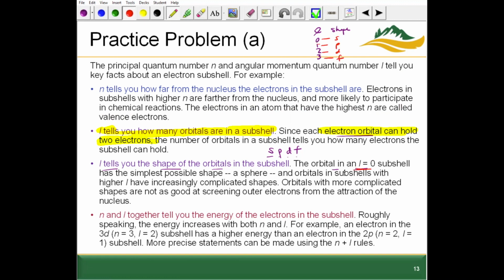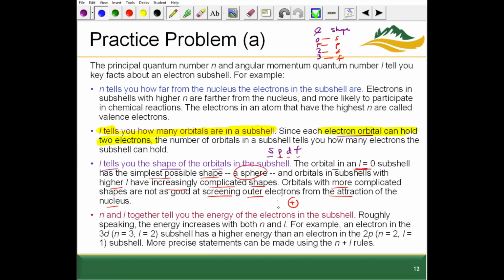The orbital in an l equals 0 subshell has the simplest possible shape, a sphere. And orbitals in subshells with a higher l have increasingly complicated shapes, like we saw for p, d, and f. Orbitals with more complicated shapes are not as good at screening outer electrons from the attraction of the nucleus.